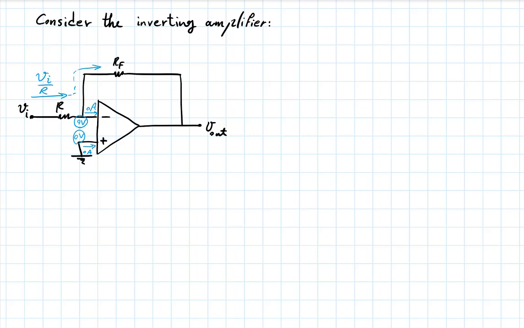And then the voltage at the output would simply be 0 minus the drop on this R F. So V out would simply be 0 minus R F times that current, which is V I over R. And this is how we concluded that we had an inverting gain, because it's a negative sign, proportional to the ratio of these two resistances, assuming an ideal op-amp.